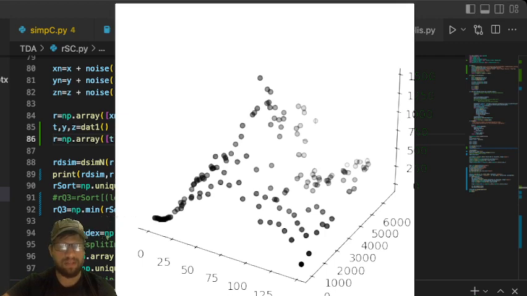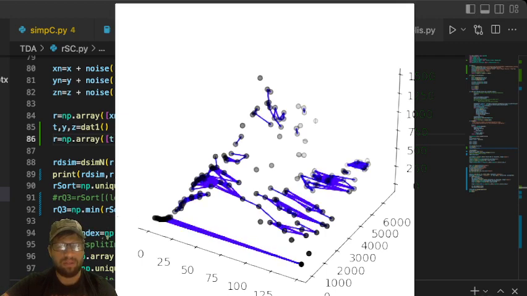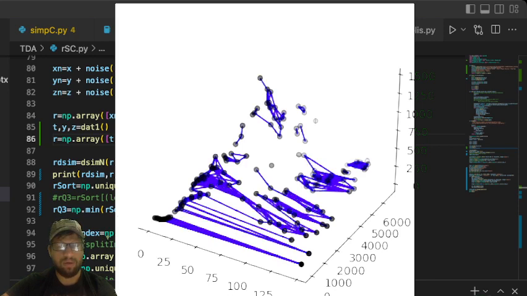This is the COVID-19 data, and when I vary it, you can see some get included. They draw lines to each other.